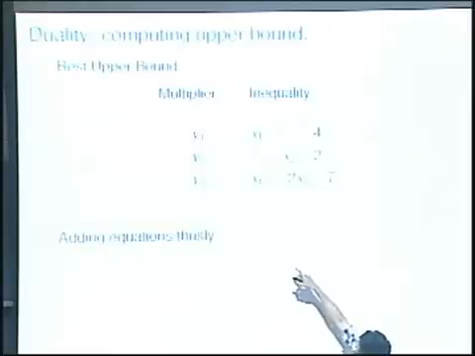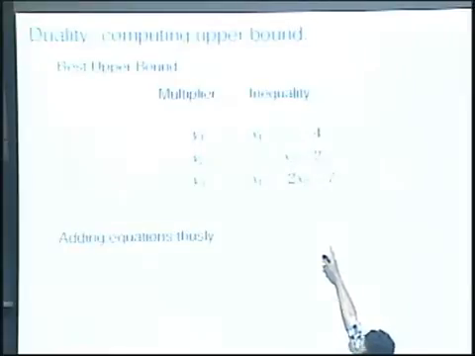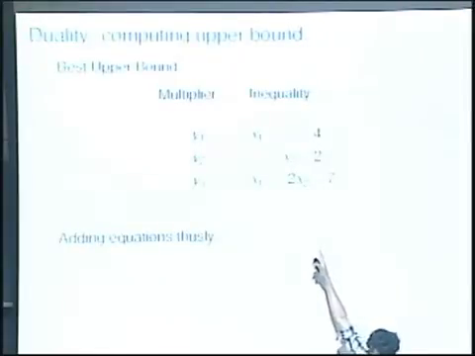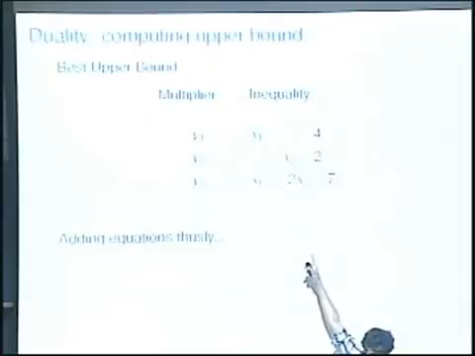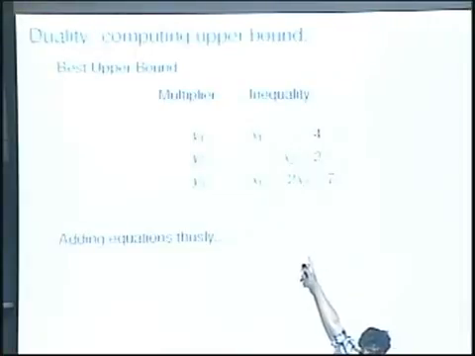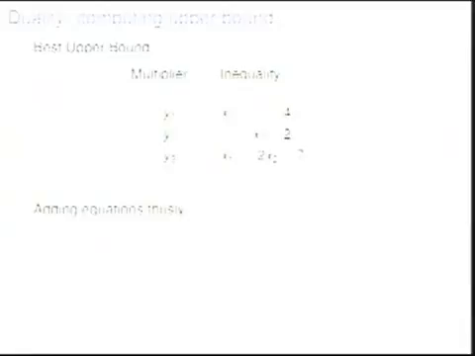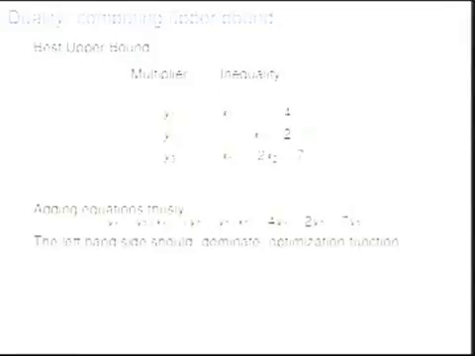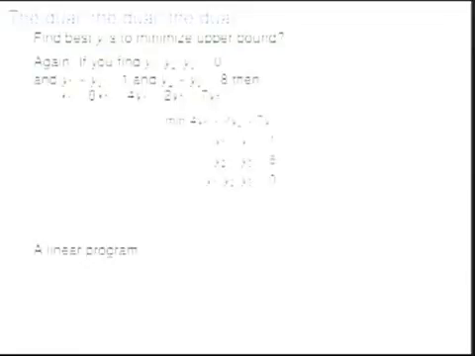If I add up y2 times the second equation, the coefficient of x2 will be y2 from the second equation, and the coefficient of x2 from the third equation will be 2 times y3. He asked why it is y2 plus 2 times y3 on this board here.